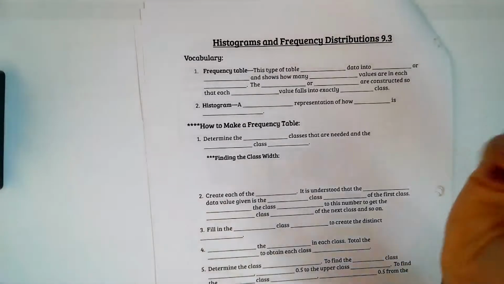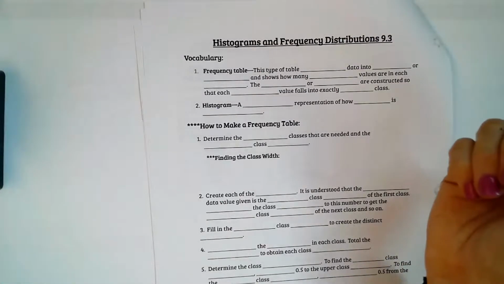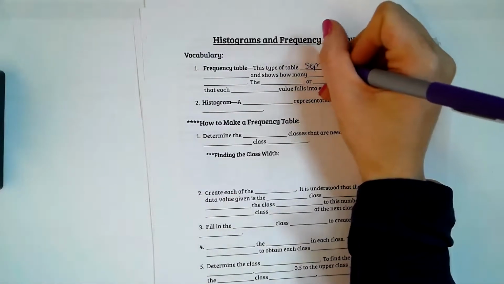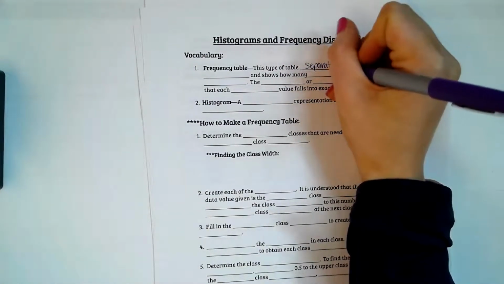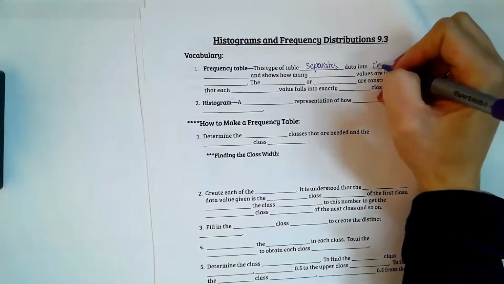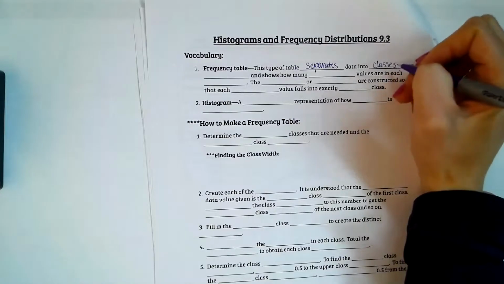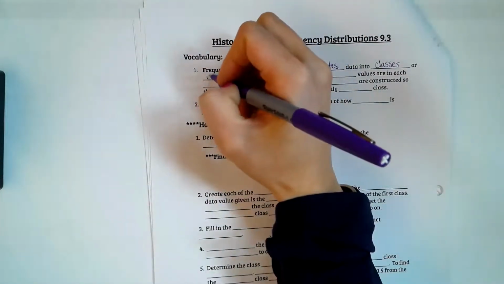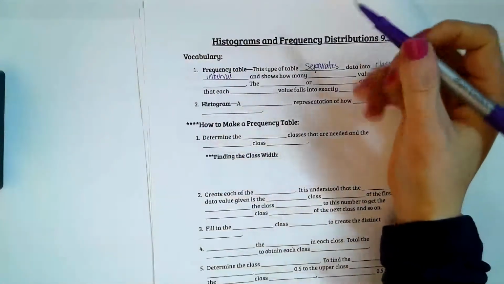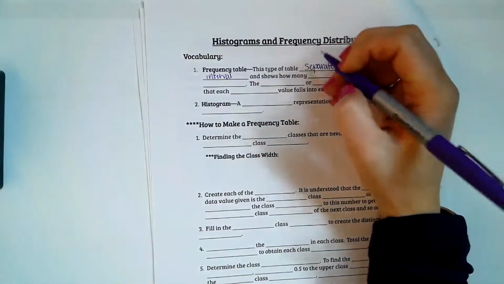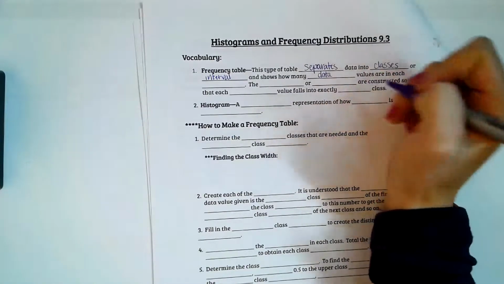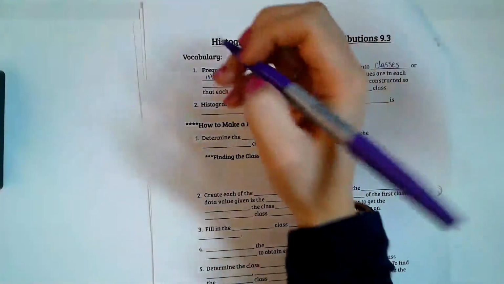So a frequency table, this type of table separates your data into classes, or what's also known as an interval, and shows how many data values are in each class.